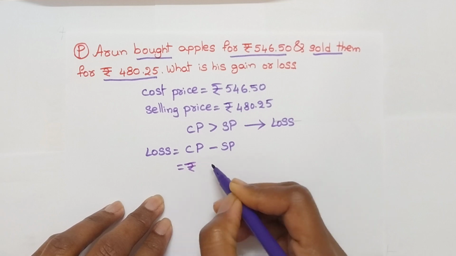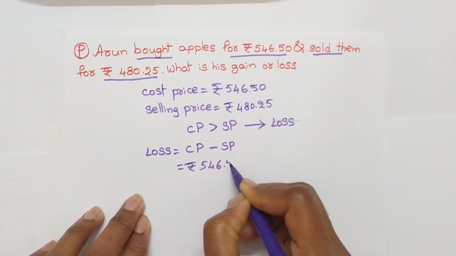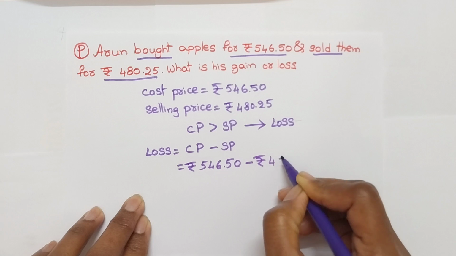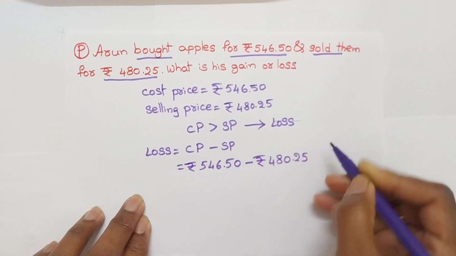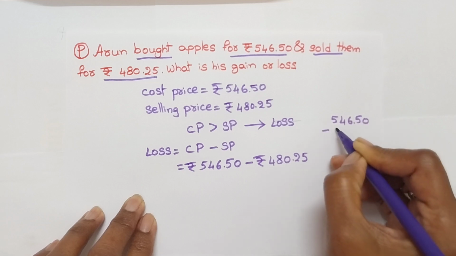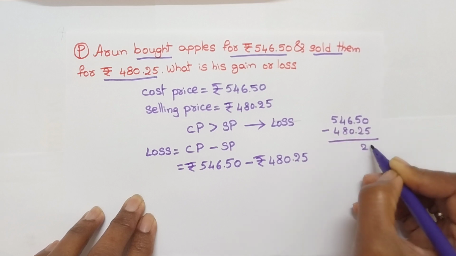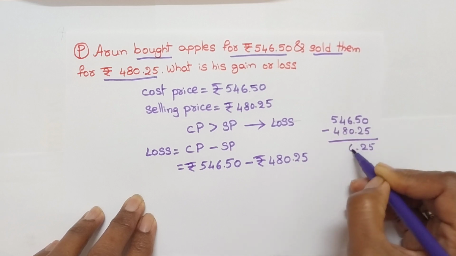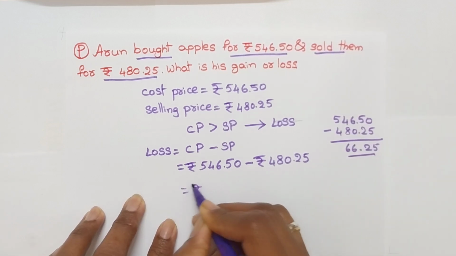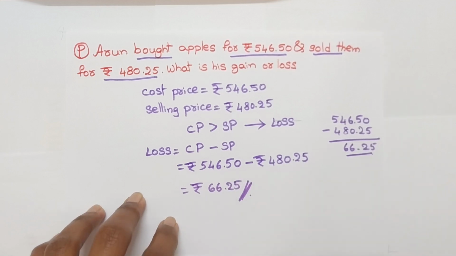Rupees 546.50 minus selling price 480.25. We need to do subtraction. How much will we get? 66.25. That is rupees 66.25. This is the loss Arun got.